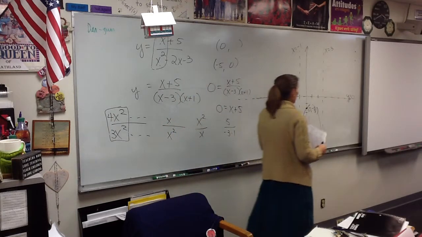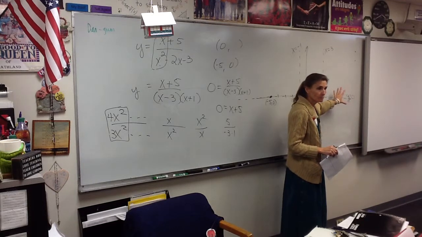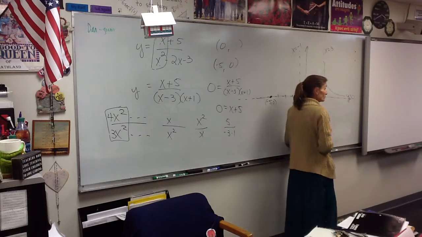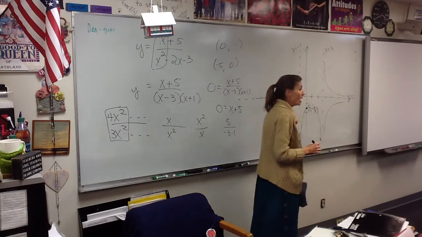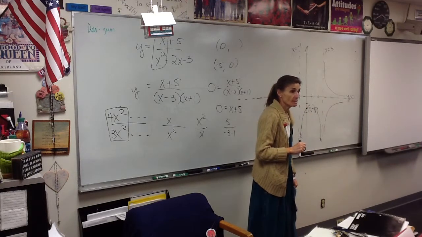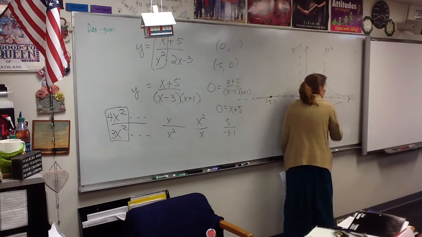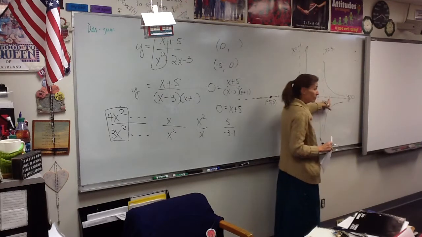Now, over here, I think I have two choices too. My two choices would be that shape or that shape. I have no idea which it is, but I can tell real easily if I plug in 1 point. Because if I put in, let's see, what would that be, 4?